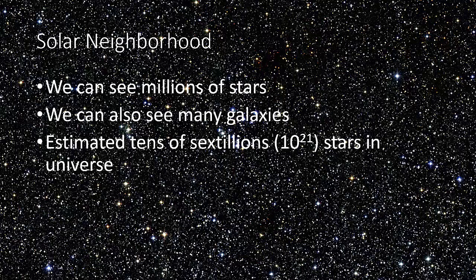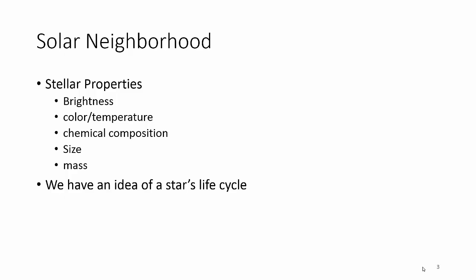We can see many, many galaxies. And we can only estimate that there are tens of sextillions of stars in the universe. That's tens of 10 to the 21. Think about how big that is. And those are just the stars.